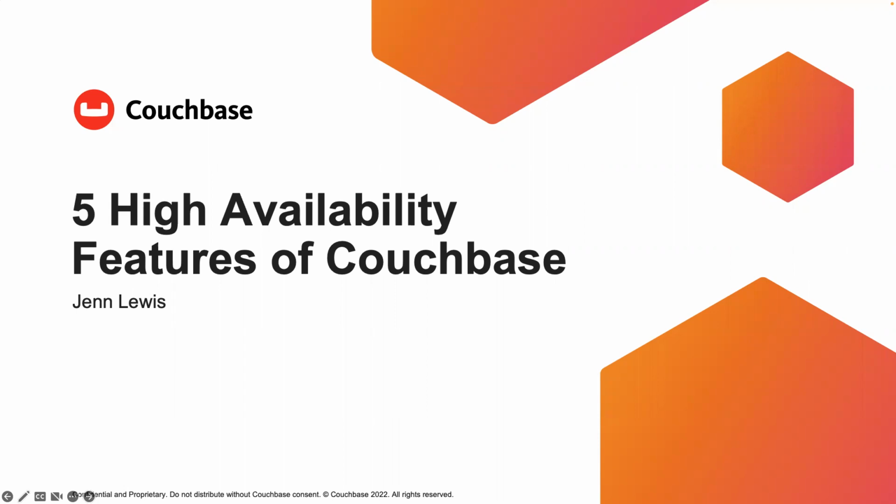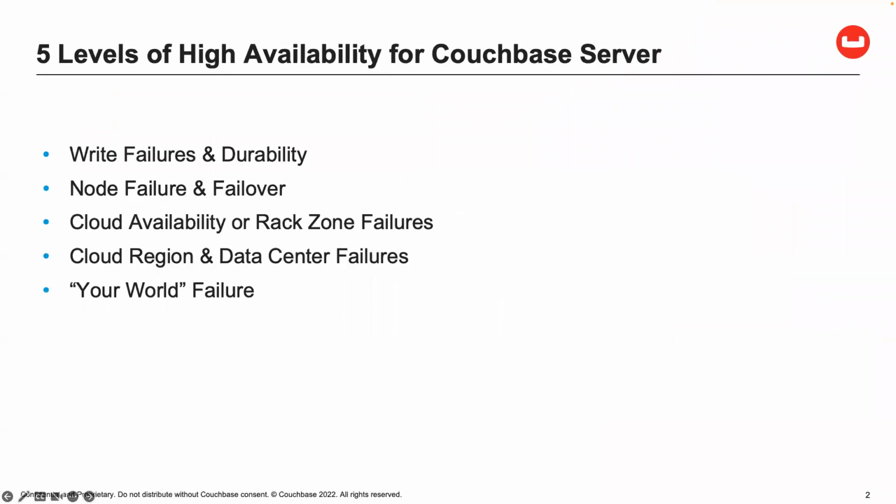I'm going to do part one of a 5-part series based on the 5 high availability features of Couchbase. So today we'll just cover the first one, but so you know which ones they are. Number one is write failures and durability, which is making sure that your data is committed before receiving a success or fail.